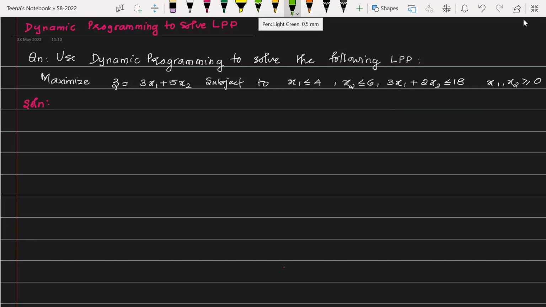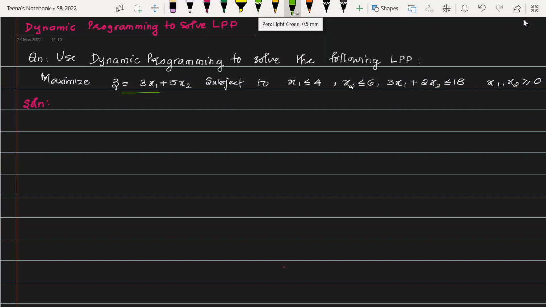Today, through this video, we are going to discuss how dynamic programming method can be adopted to solve a usual linear programming problem. So here we are given a maximization objective function, and it is to be maximized subject to the three constraints.